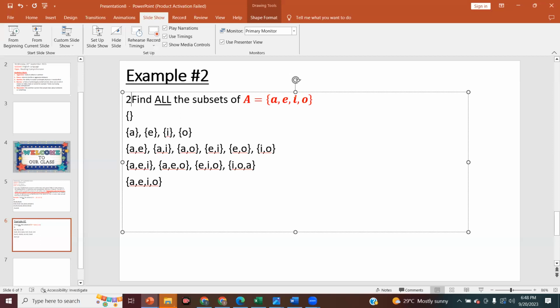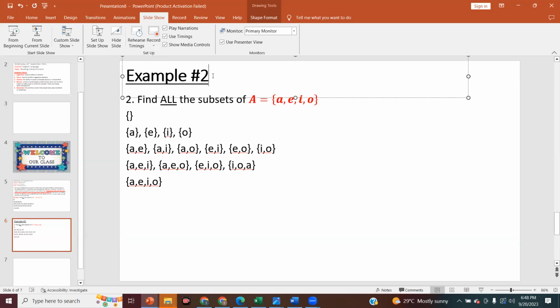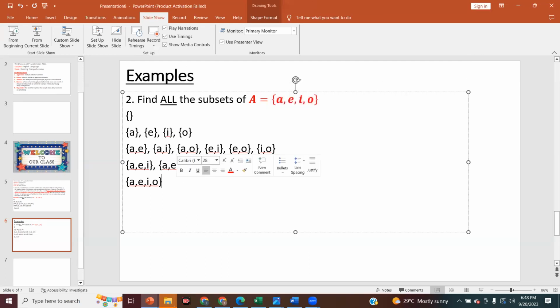Now, this was example 2. Let's look at example 3. I did an example with a 4-element set, right? What if I only have a set containing 7 and 8?